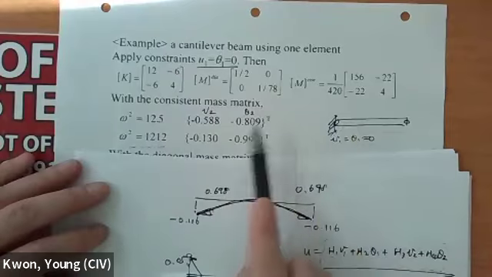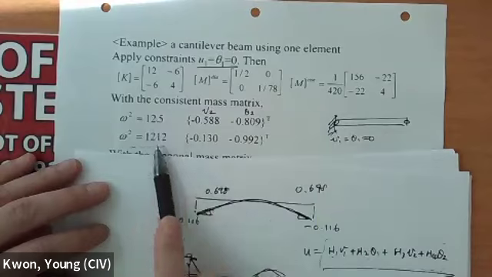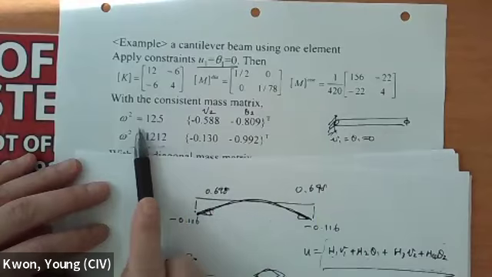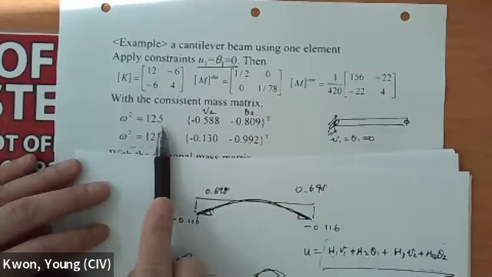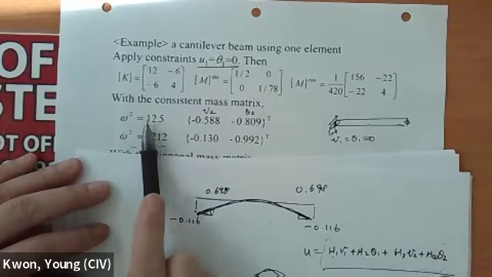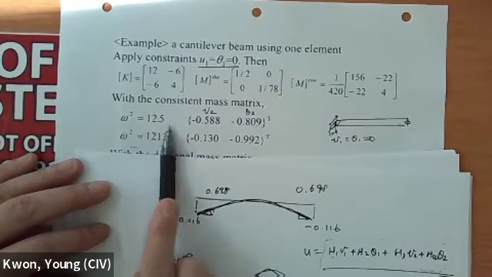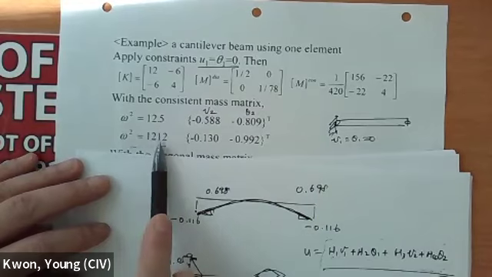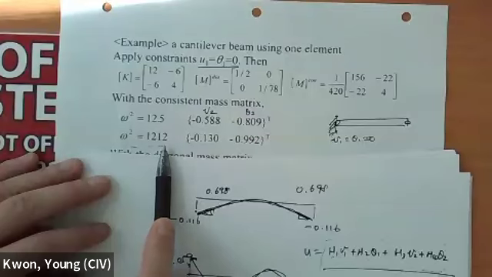So we don't have a 0 eigenvalue. Then this is the first eigenvalue, second eigenvalue. If you take the square root of that, that's going to be the angular natural frequency, first, and second angular natural frequency.